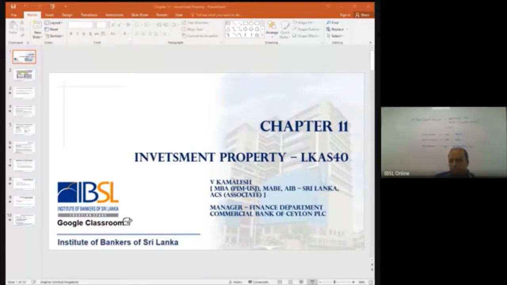Because as per the definition of fixed assets, as long as it is used in the production or supply of goods or services or for administrative purposes, that is a PPE, or LKS 16 is applicable.